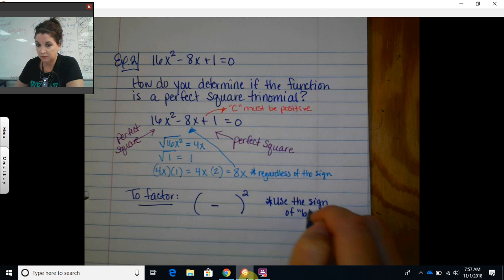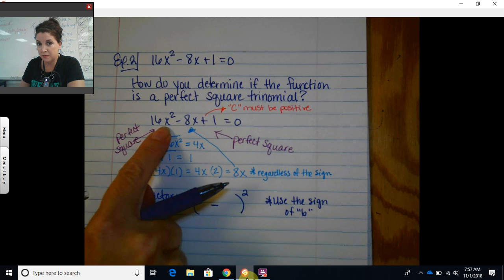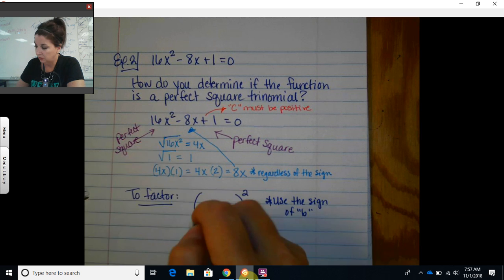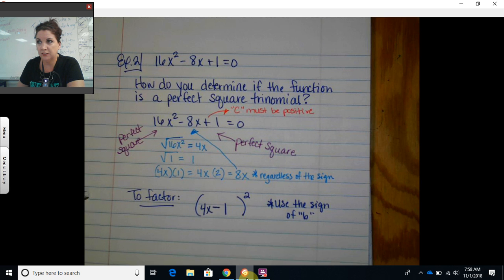The first term in your parentheses is the square root of the first term of your problem. So we already said the square root of 16x squared is 4x. The last term in the parentheses is the square root of the last term. So the square root of 1 is 1.